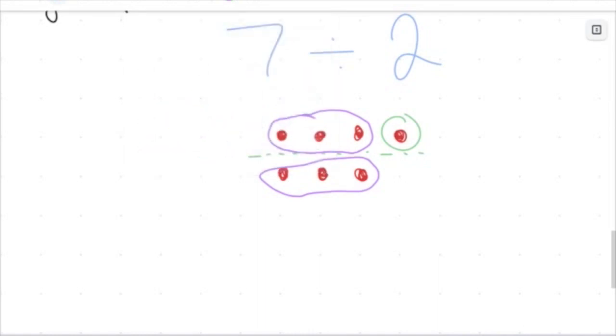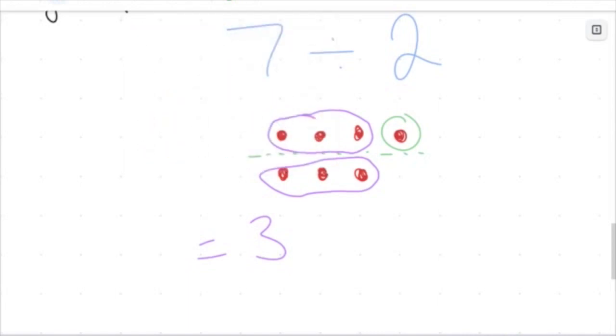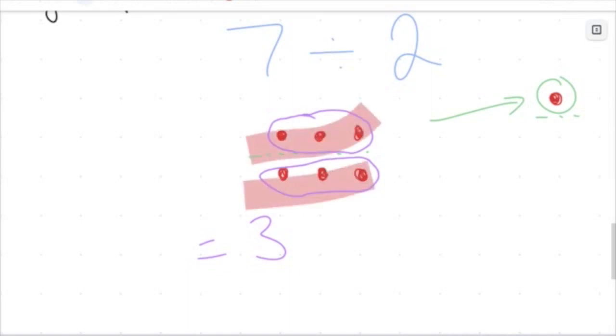So we can write equals 3, but there is a remainder of 1. There's 1 remaining here. We couldn't split this into equal groups without taking the remainder and placing it over here. Once we shift this across, we have a pretty even split, right?